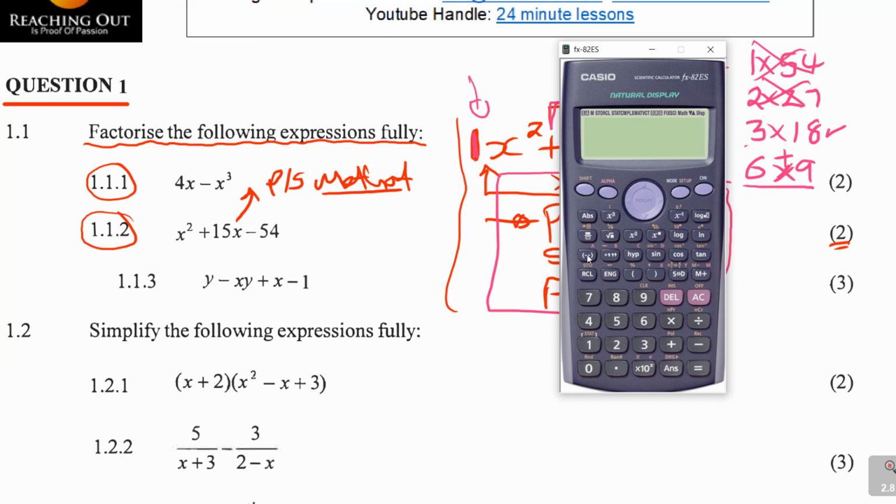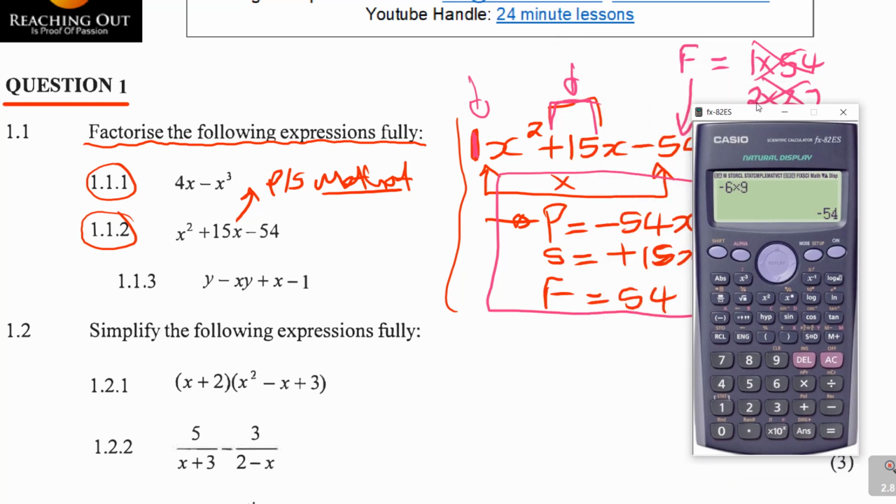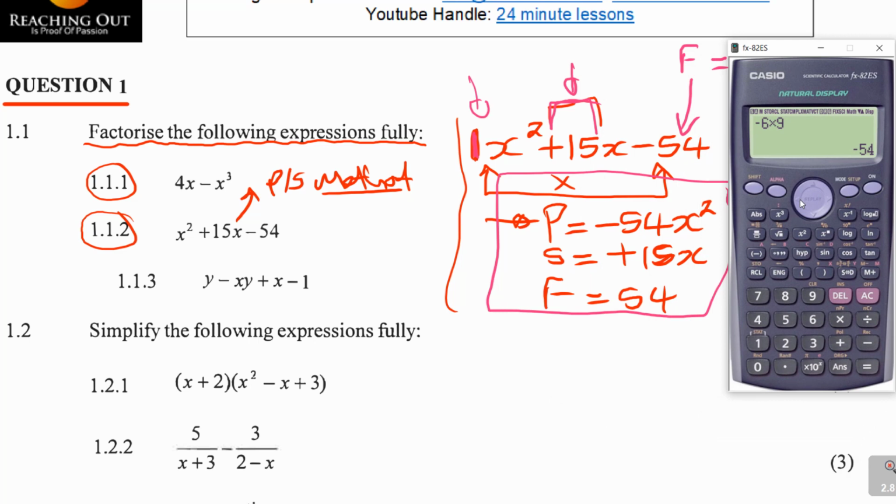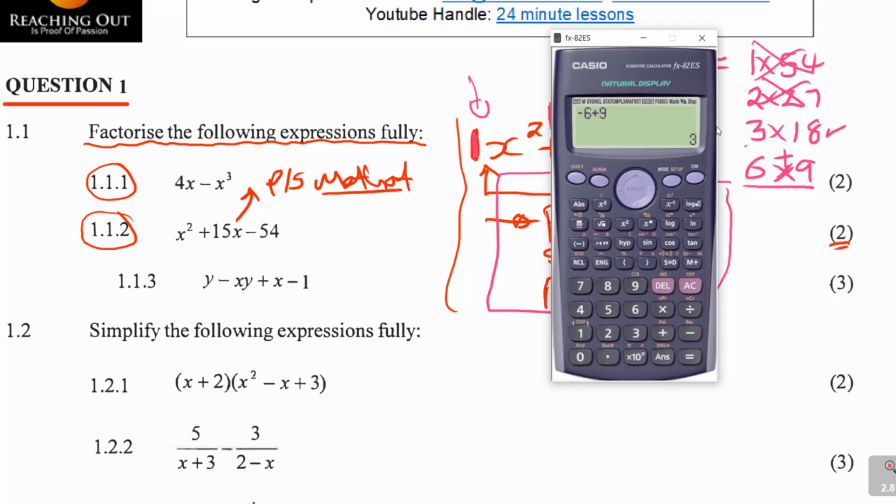If I say negative 9 times 6, or negative 6 times 9, it gives me negative 54. But when I start adding these two numbers, you see that it won't give me 15. So this factor won't work.